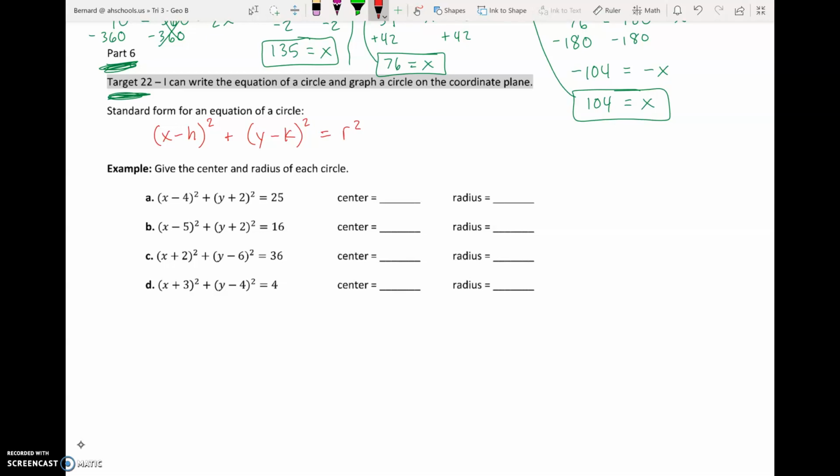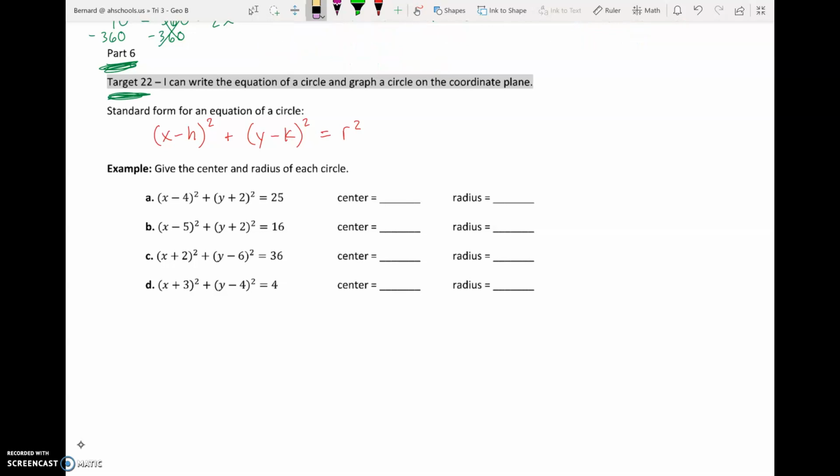All right, so now let's talk about what we get out of this equation. Remember, let me erase some of this stuff up here so I have a little bit more space to work with. Remember, there are important things in a circle, and the most important things essentially are our center and our radius. Because remember, the definition of a circle is the set of all points that are equidistant from some center.